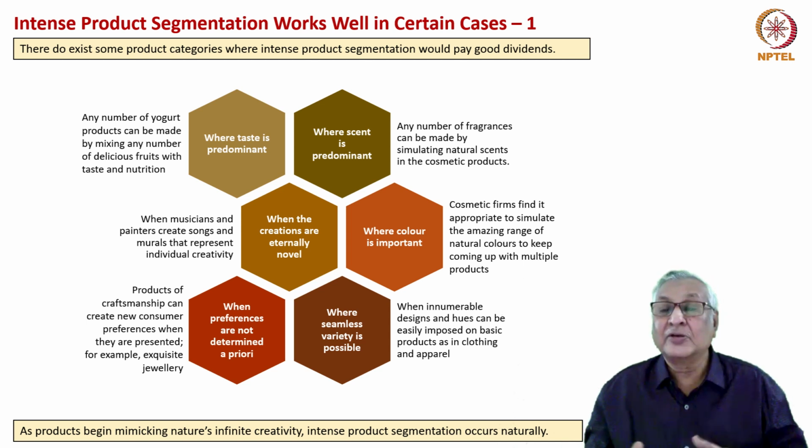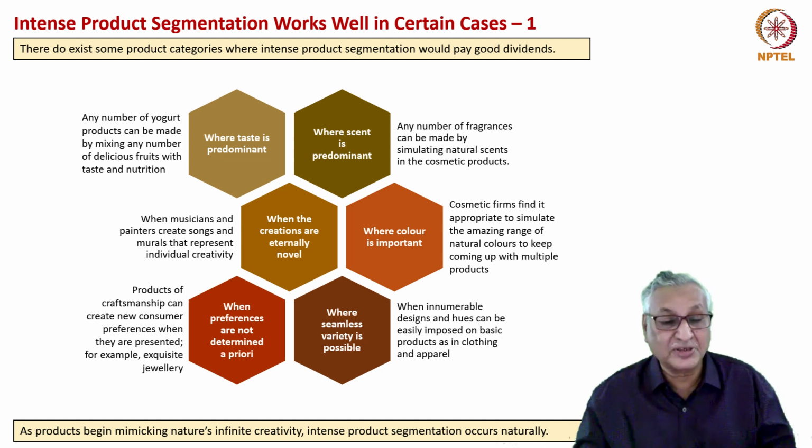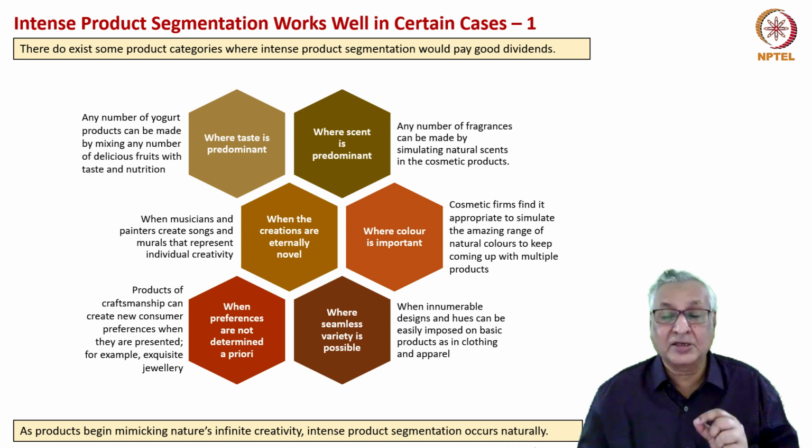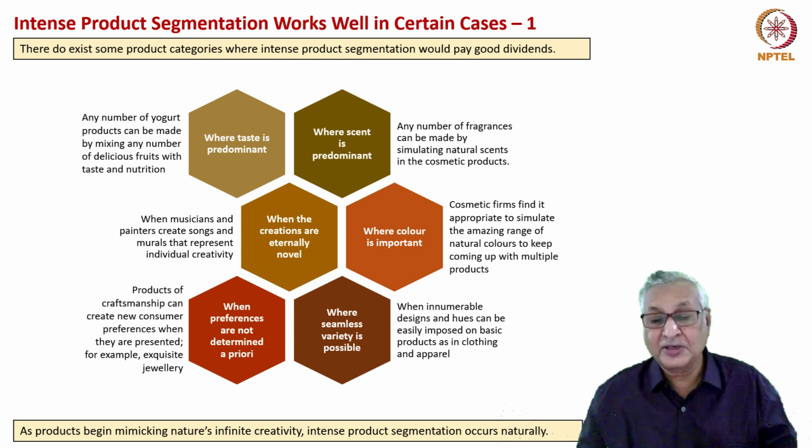You may have the basic need of a shirt, but it can come in multiple hues and multiple designs, and therefore that is a way of intense product segmentation that has been happening in the apparel industry. As products begin mimicking nature's infinite creativity, intense product segmentation occurs naturally. This is an important example set.